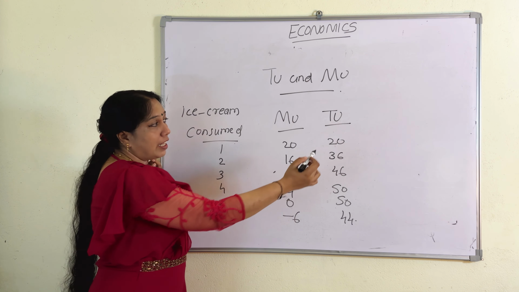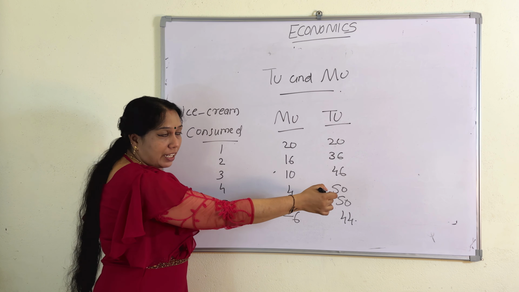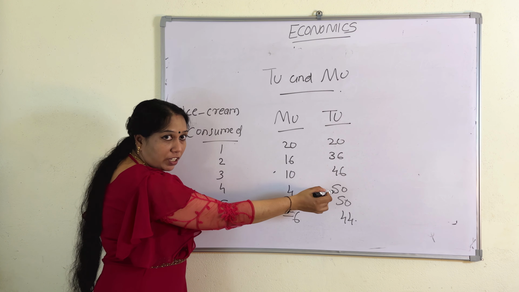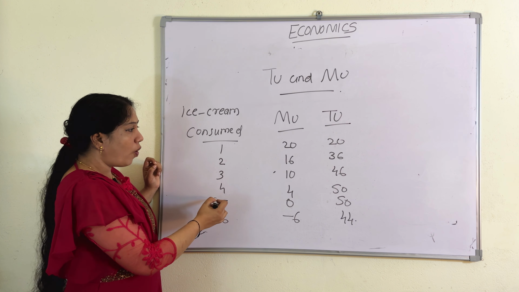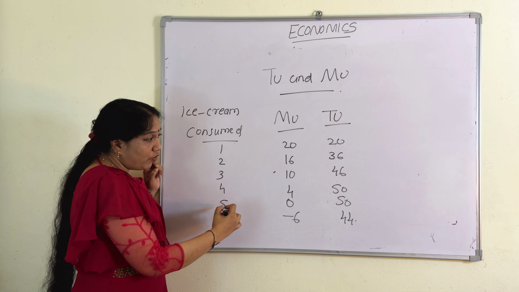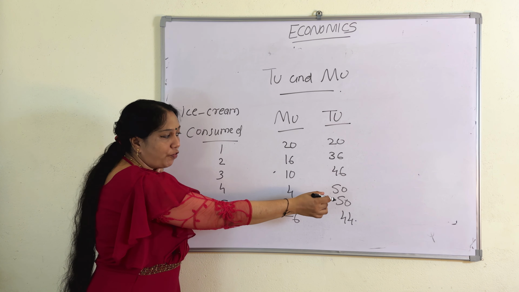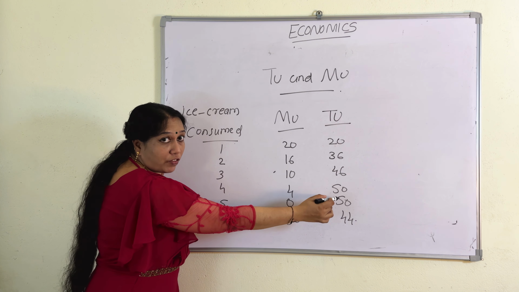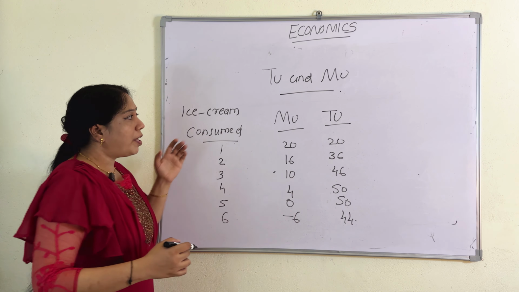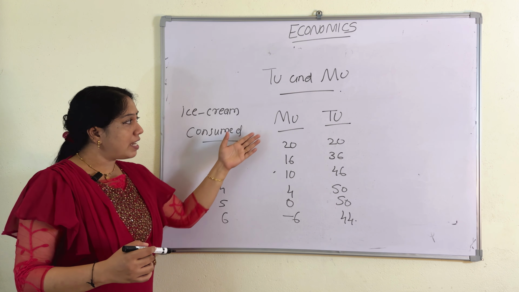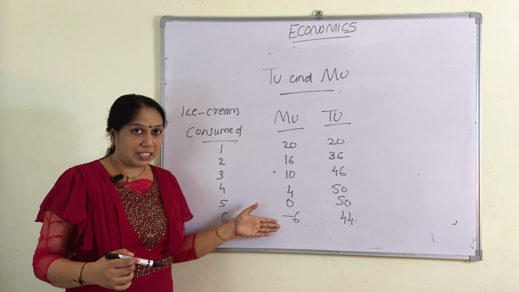And here you can see the total utility also increasing 20 to 36, 36 to 46, 46 to 50. Then at the fourth level it is increasing, total utility increasing. Then fifth level it is same, that is 50 only. Then sixth level the total utility falls from 50 to 44. What about the marginal utility? With the increasing consumption of ice cream, we can see the marginal utility is decreasing.